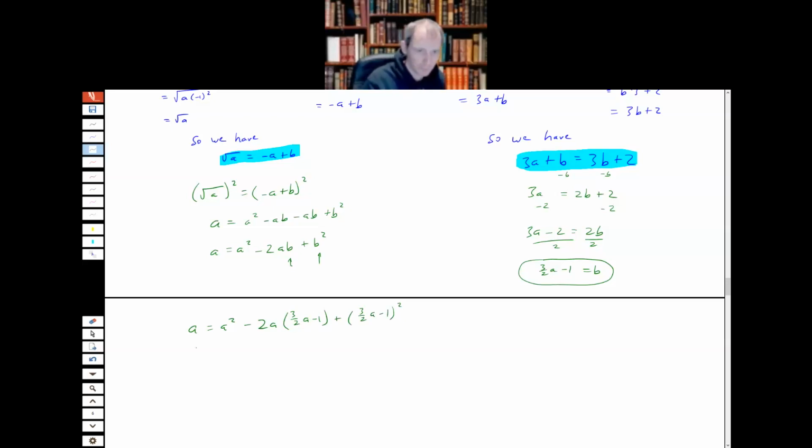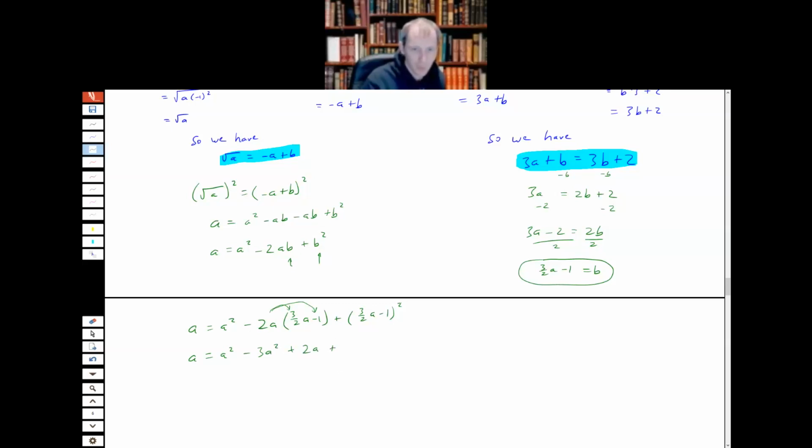Let's clean this up a little bit. We're going to distribute negative 2a to both terms. So negative 2a times 3 halves a, the 2's cancel, and I get minus 3a squared. And then I take negative 2a times negative 1, and I get plus 2a.